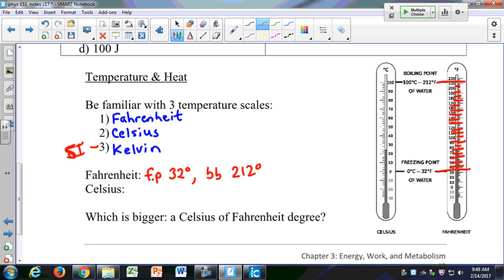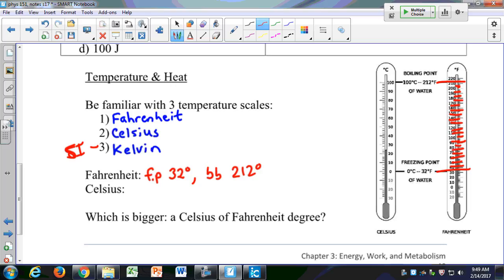Once you get two points on a line, you can separate in between them. Between 32 and 212, you have 180 degrees. And that's what sets the size of the scale in Fahrenheit.